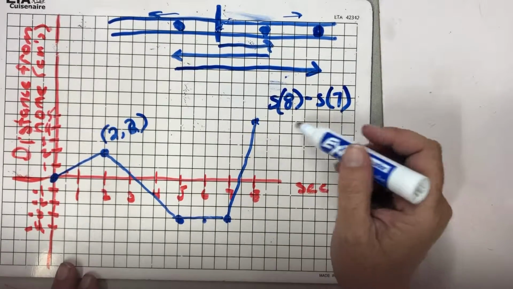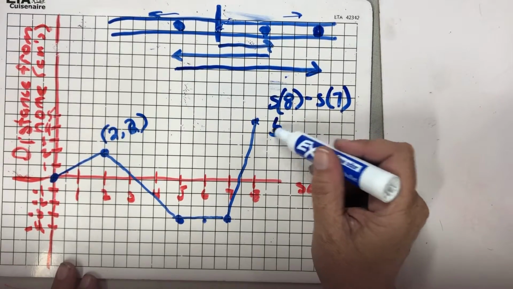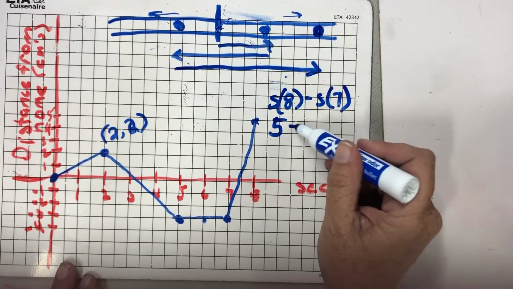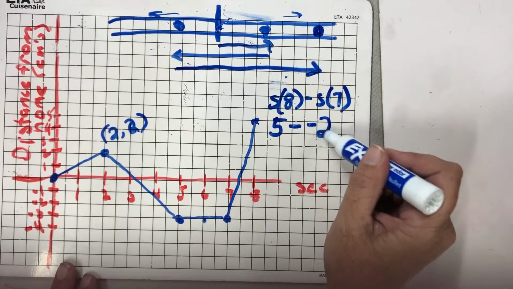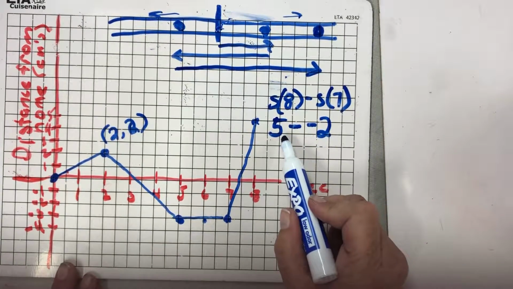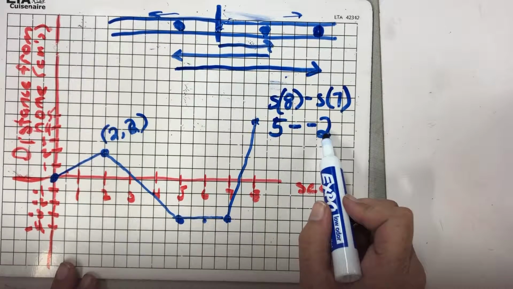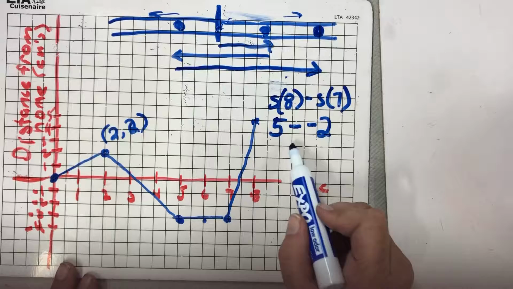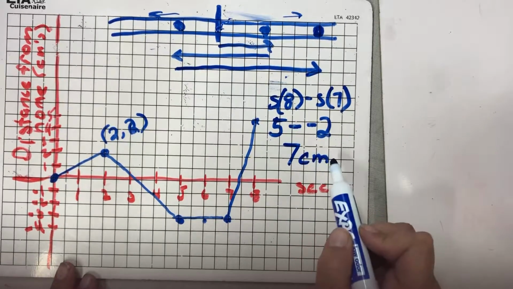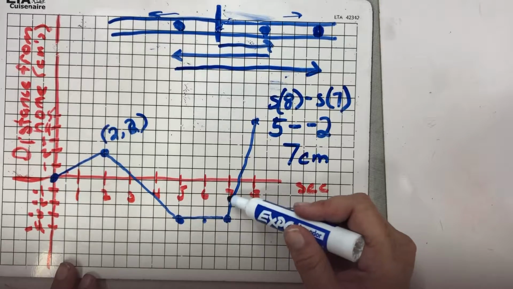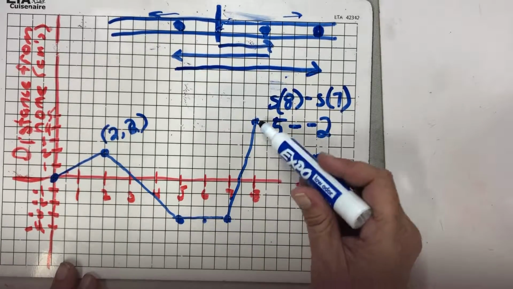Right, so at 8 seconds, it's at 5. At 7 seconds, it's at -2. And look how that negative kind of takes care of itself. So it moved from -2 to 5. It made a movement of 7 centimeters. That's just the displacement. We're just saying it moved 7 centimeters.